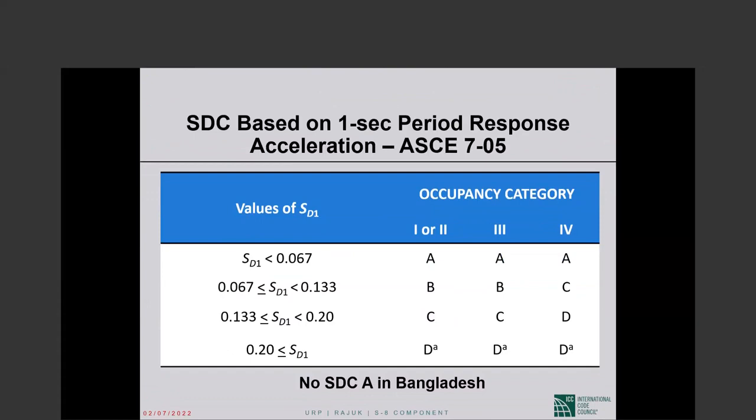If based on short period ground motion, your design category turns out to be C, but based on long period ground motion, it turns out to be D, your design category is D, not C. Under certain circumstances that are listed in ASCE 7, you are allowed to determine seismic design category based on short period ground motion alone. You don't have to look at long period ground motion, but that is only under certain conditions.